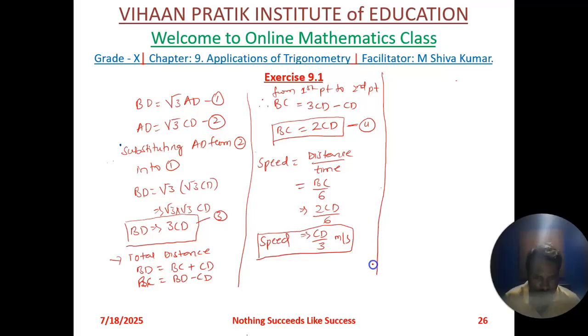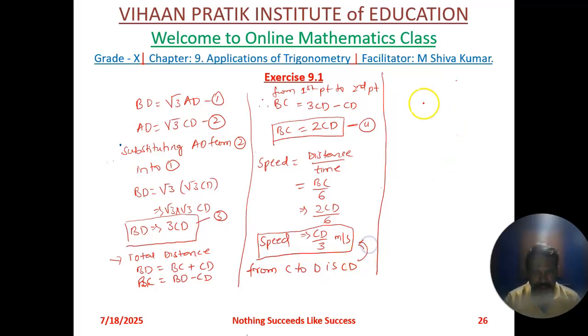So we got the speed. Now what we need to find out? We need to find out the distance, then from distance we need to find out the time. The distance traveled by the car from point C to D is CD, with this speed.